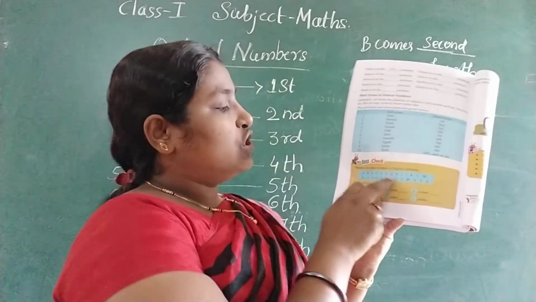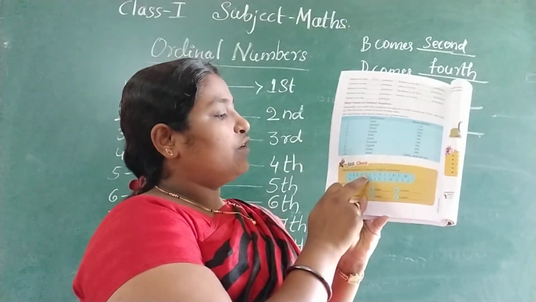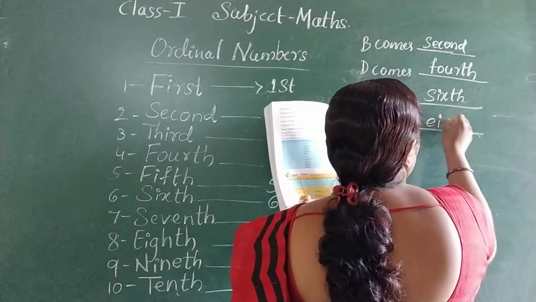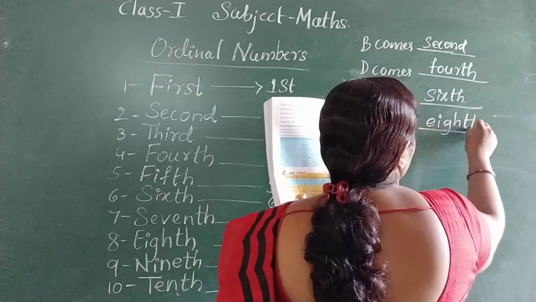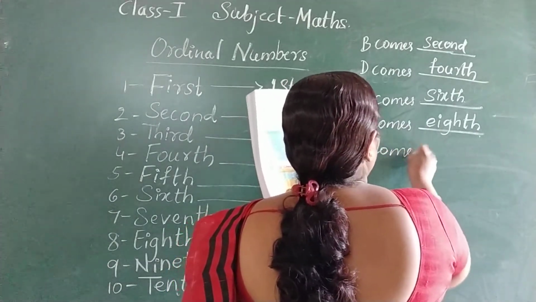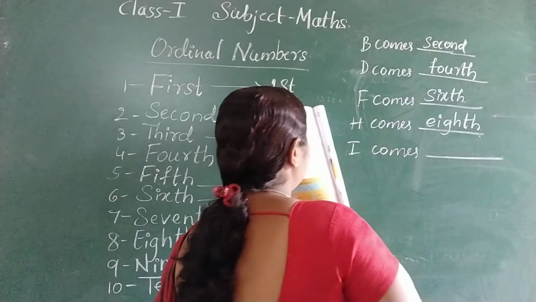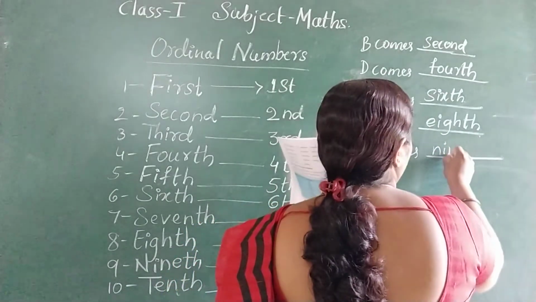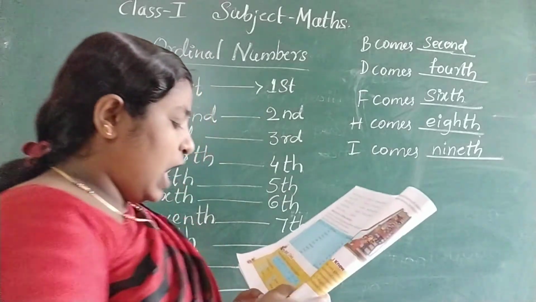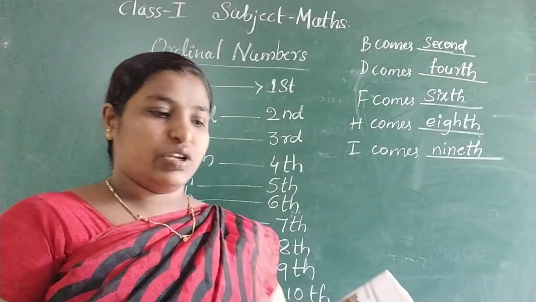Read it up to H. 1st, 2nd, 3rd, 4th, 5th, 6th, 7th, 8th. So E-I-G-H-T-H, 8th. I comes 9th, N-I-N-E-T-H. H is 8th, I is 9th position.